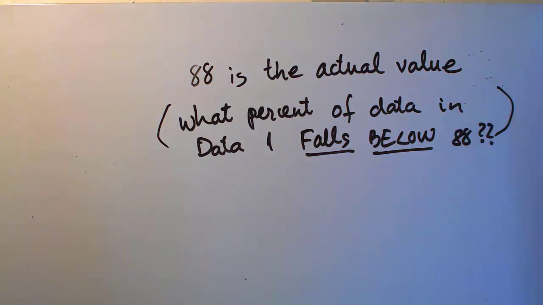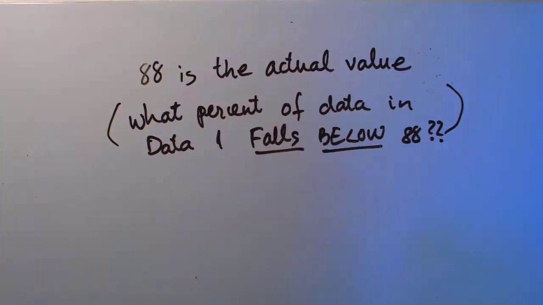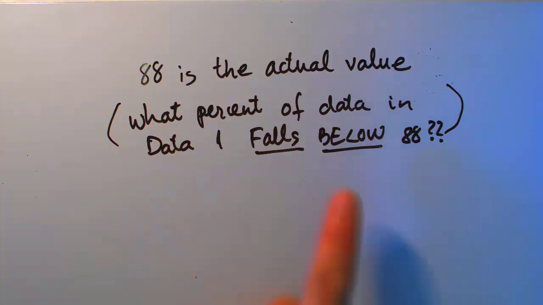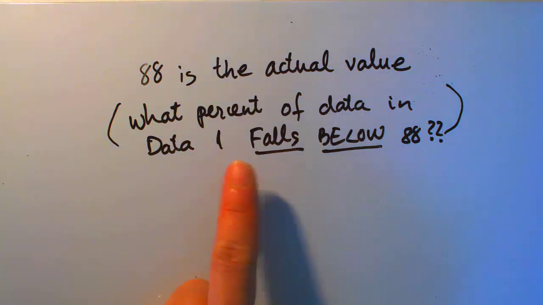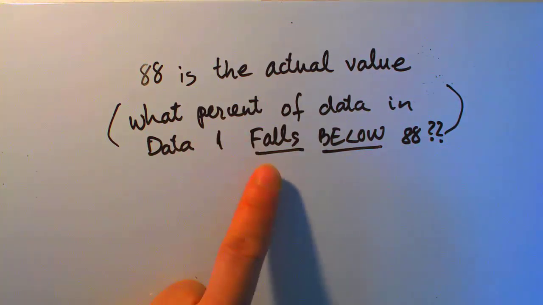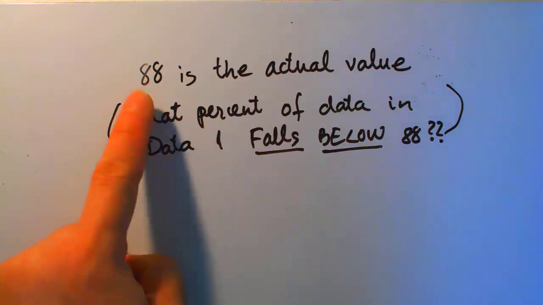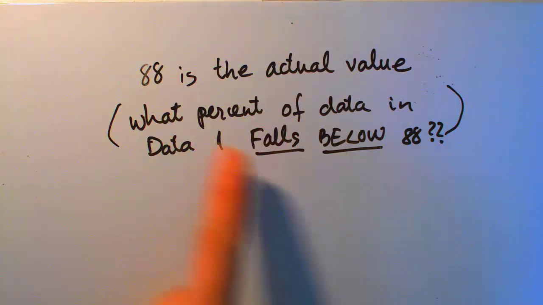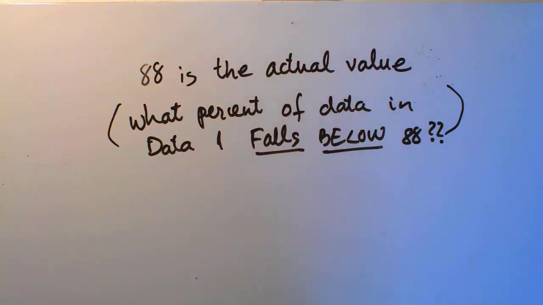Remember, the definition clearly stated that to find a percentile, we need to look for the percent of data that falls below. Here in this problem, 88 is our actual value in data 1, so we're looking for what percent of data in data 1 falls below 88.